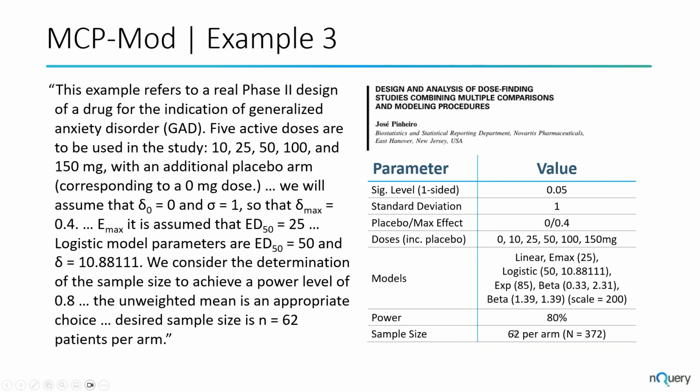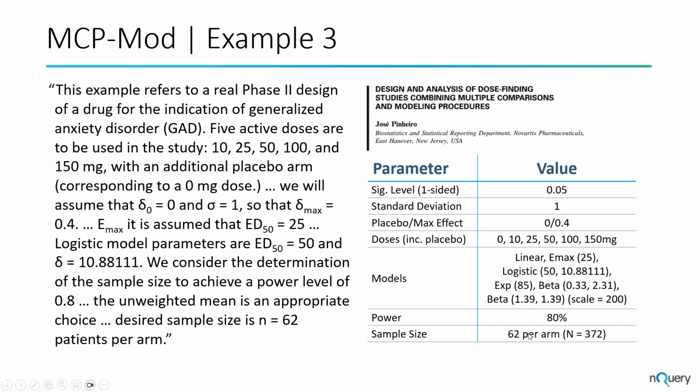So they found that the appropriate sample size to achieve the target power of 80%, using the unweighted mean as the power criterion, was 62 per arm. And I'll come back to this power criterion variable in a second when we move over to nQuery.